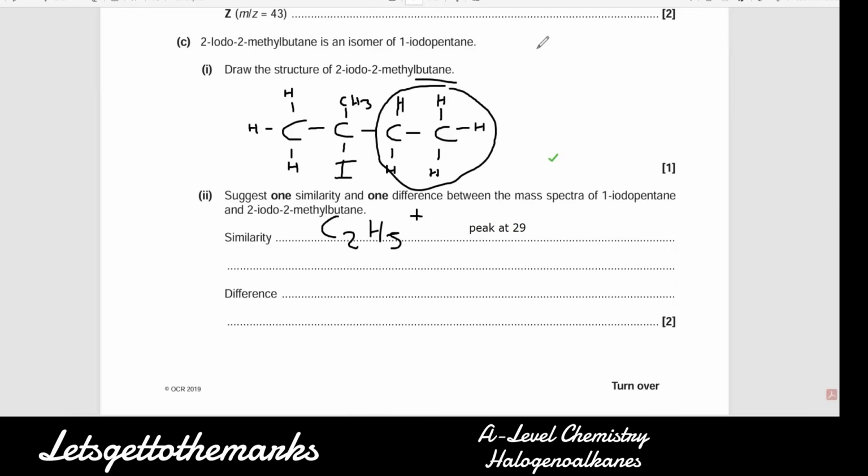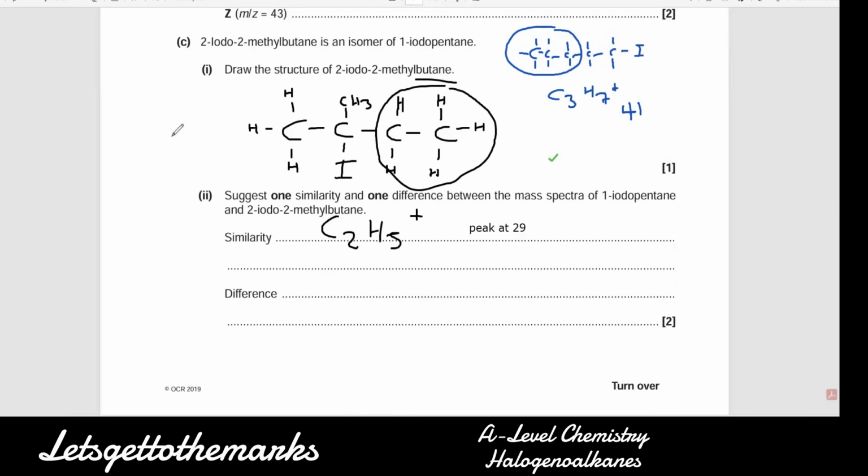Let me just show you because you might be like, what the bloody hell is he on about? This can form a propyl group, right? C3H7 plus. That's the peak at 41. So we get a nice peak at 41. Can't get a peak at 41 here.